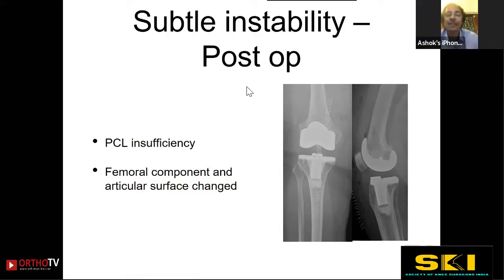It does, and for me, the most important aspect of the posterior referencing system is certainly in our part of the world where you have severe deformities with varus and valgus. If you have a severe varus deformity and there is a tibial bone loss on the medial tibial condyle, there is a compensatory overgrowth of the medial femoral condyle. So if you use posterior instrumentation, you will turn that femoral component of yours into internal rotation.